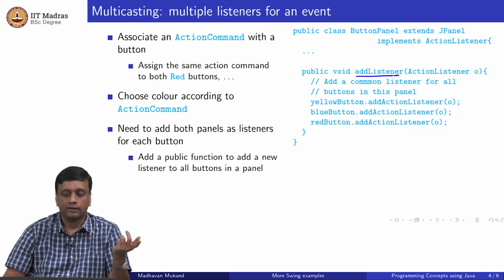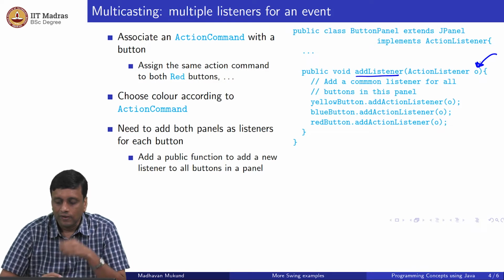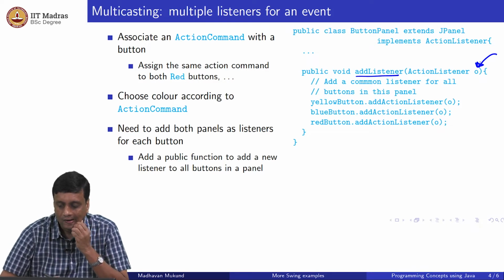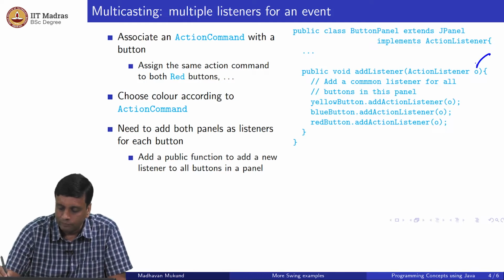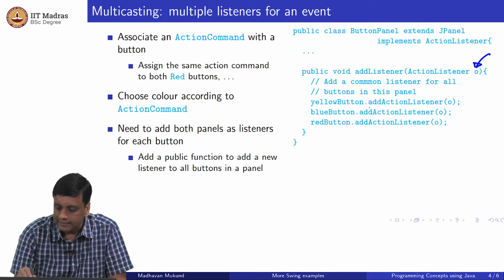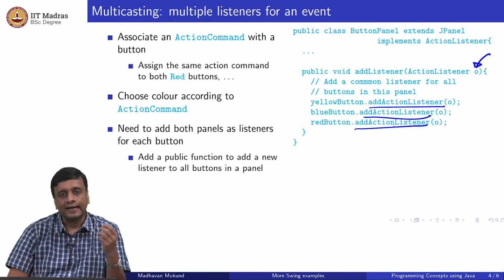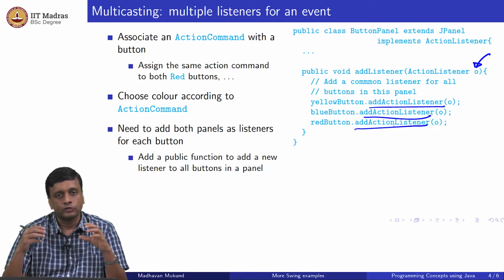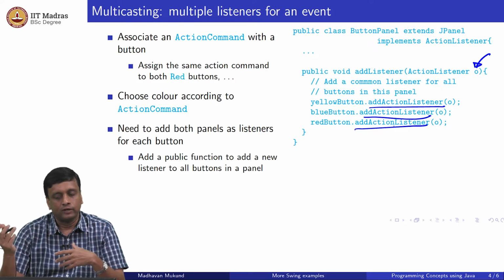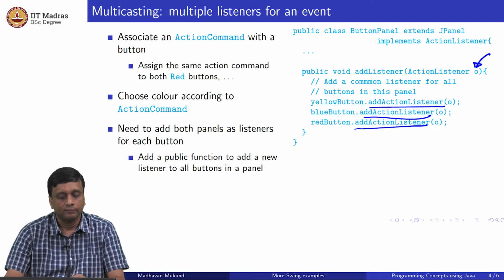Sorry, I'm adding a panel to a button. So I give you a panel, and what it does is it adds that panel to all the 3 buttons. So we have this add action listener which takes one button and associates a listener. Now we want to associate this with panel 1 and panel 2. So I will call this function once with this panel and once with another panel, okay.